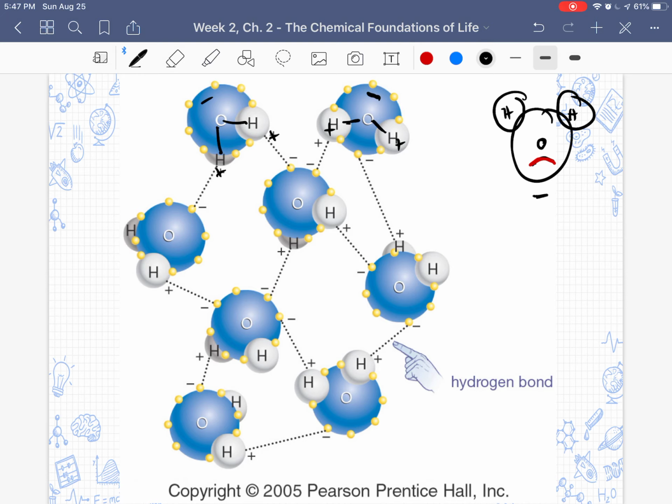So the oxygen end of our Mickey Mouse is negative, and the ears, they're still pointed up, and he's still got pointy ears or rounded ears, whatever. But he's got a sad face and he's got happy ears. So our Mickey Mouse has a sad face and happy ears. Let me redraw that.